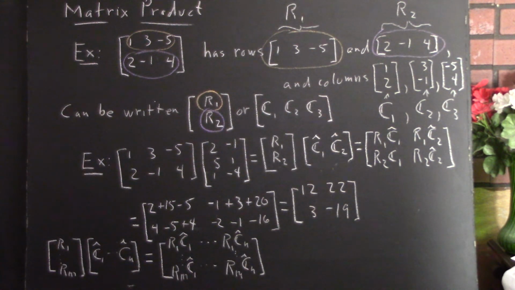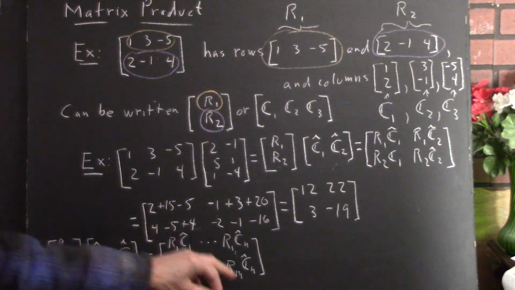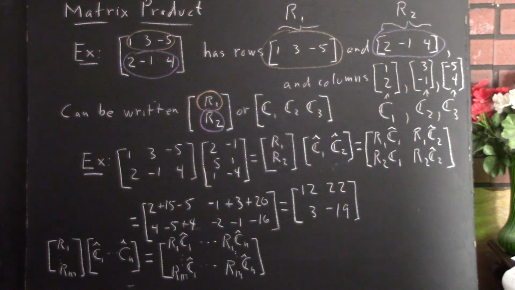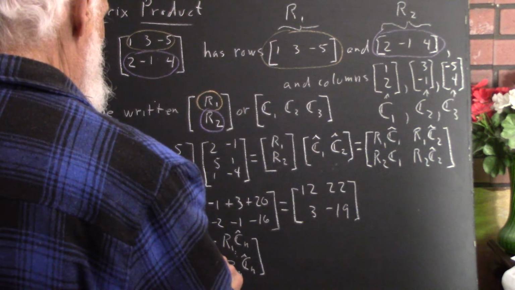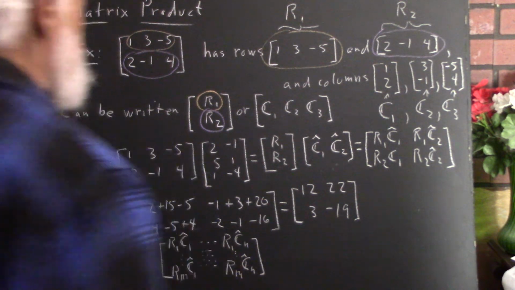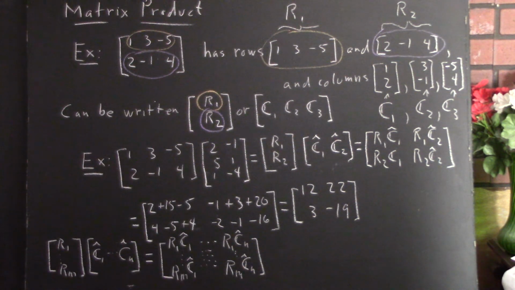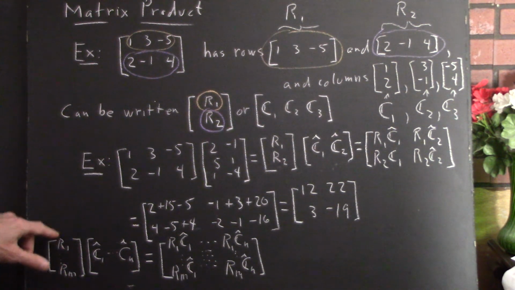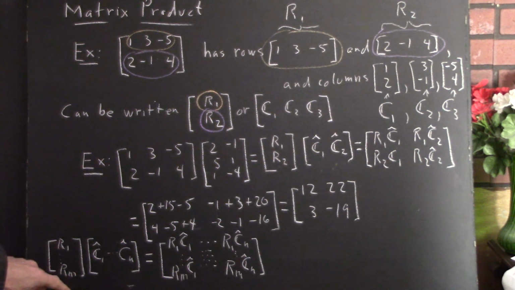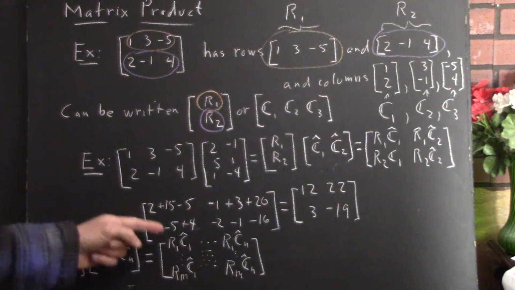Now these dots indicate that there's a whole lot of stuff in between here if these are large matrices. If you're doing a product of, let's say, a relatively modest matrix with, say, 12 rows multiplied by a matrix with 15 columns, then for every row you're going to have 15 products.